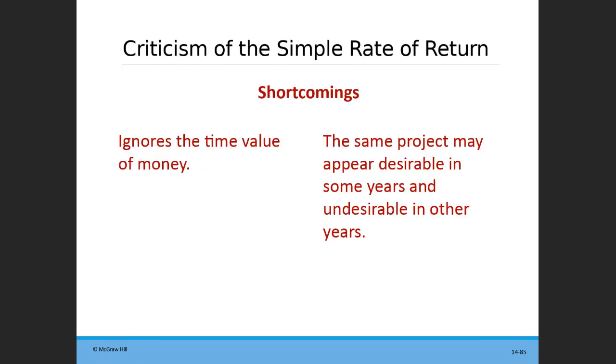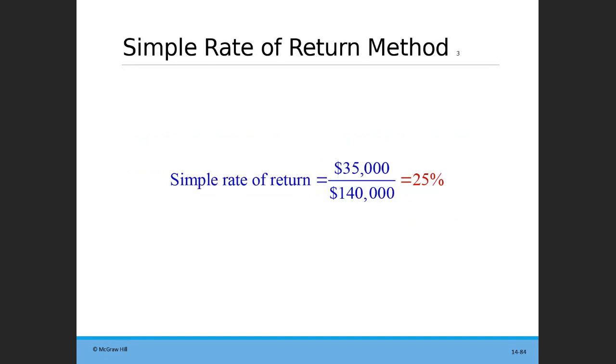So is it okay? Well, you're kind of ignoring the present value of a dollar. That was the whole point of doing net present value: yes, every year I'm going to get $35,000, but if I'm evaluating this today, that's not what 5 years from now is worth.